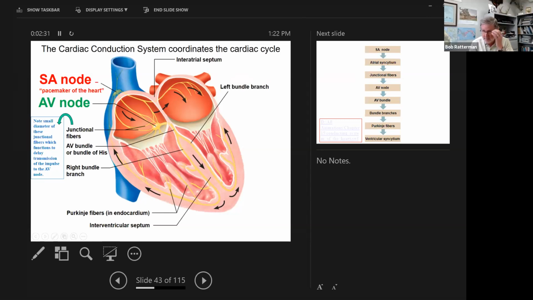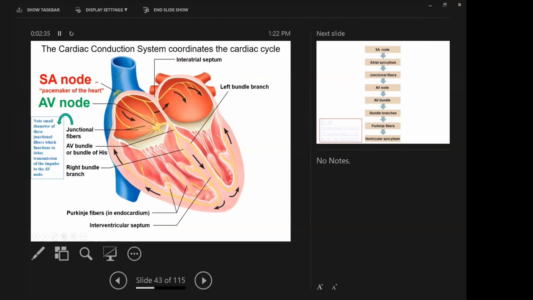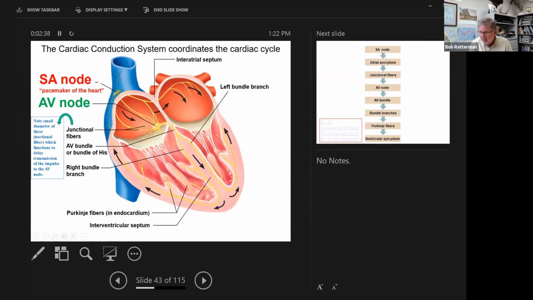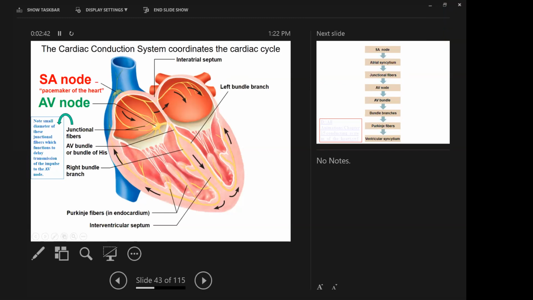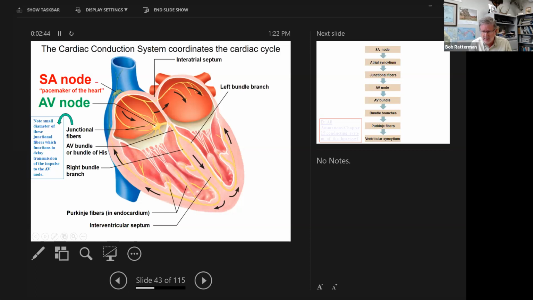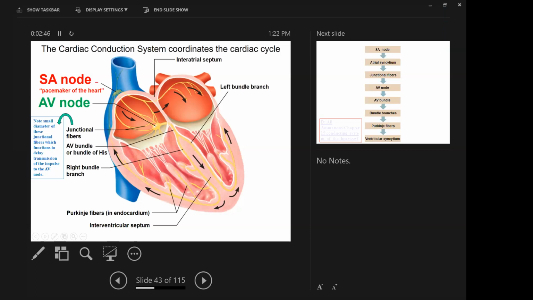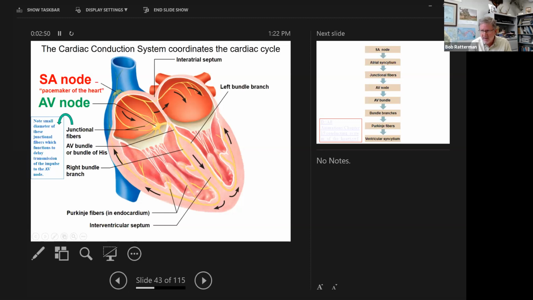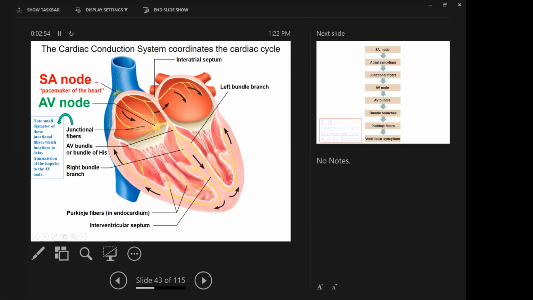What occurs? All right, so here the impulses originate, and you can see in yellow the pathways that the impulses take initially are through the walls of both the right and left atria. Okay. Now, what do you think the atria are going to do in response to those electrical signals? What would you do if you were the right atrium?